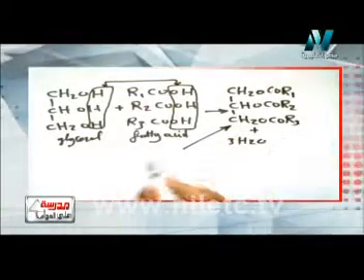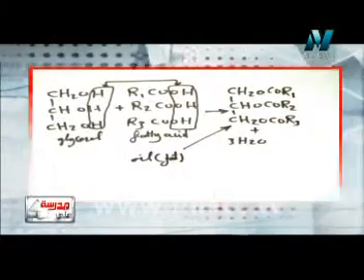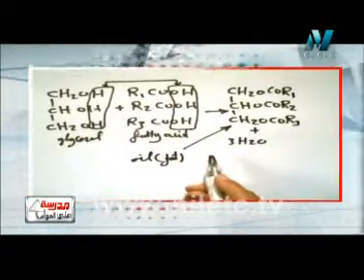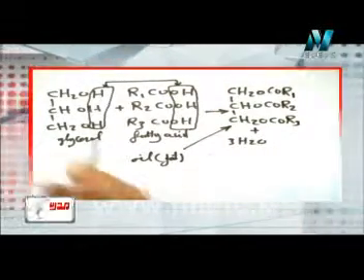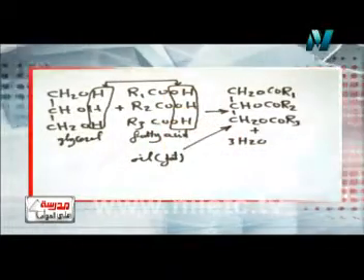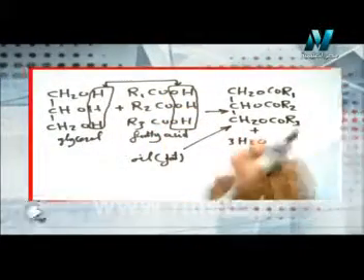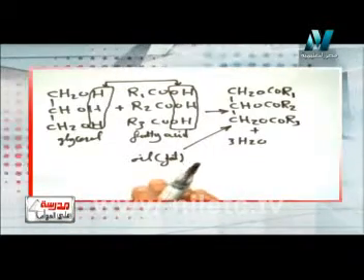This compound is oil or fat. So we call the oil or fat triglyceride ester, because it comes from the reaction between glycerol and the 3 fatty acids. Triglyceride ester can react with sodium hydroxide or potassium hydroxide to form soap.